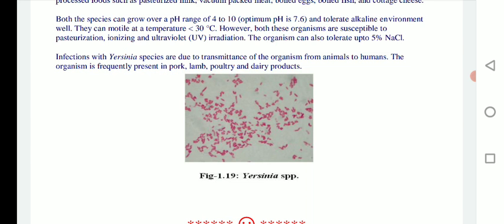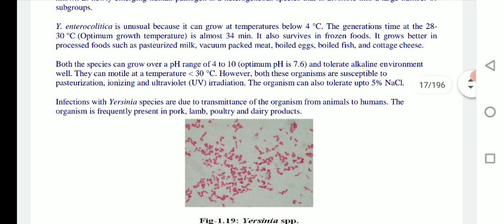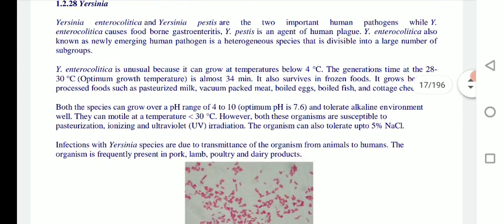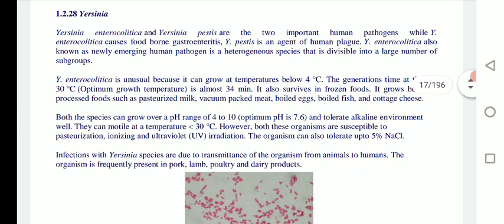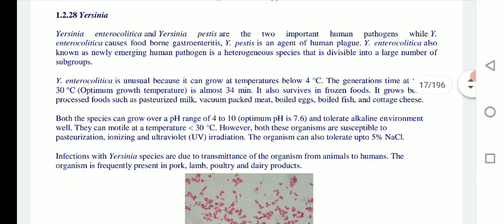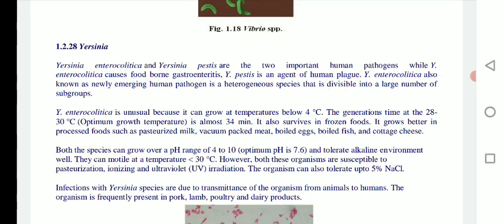The organism is frequently present in pork, lamb, poultry and dairy products, and it causes severe infections after ingestion of contaminated food. So this is the overall detailed information regarding the types of bacteria present in food and the illnesses or complications they cause.